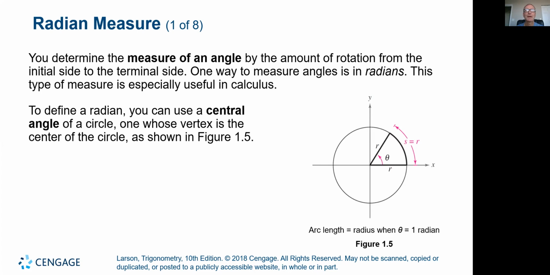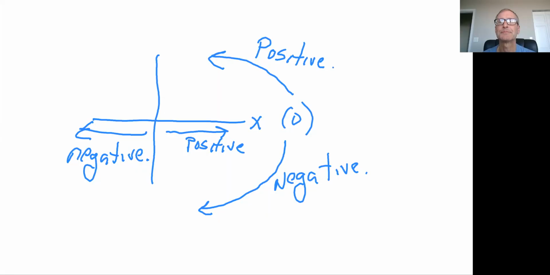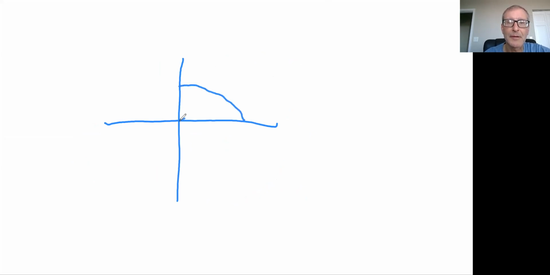So if you think about this, we're going to have a radius here, and this distance around is s. And say I take this distance to here. So this measurement here we call angle, and we usually use theta for the angle.